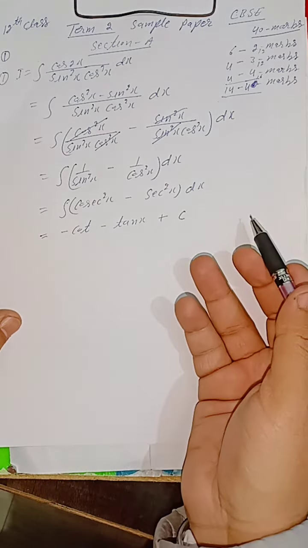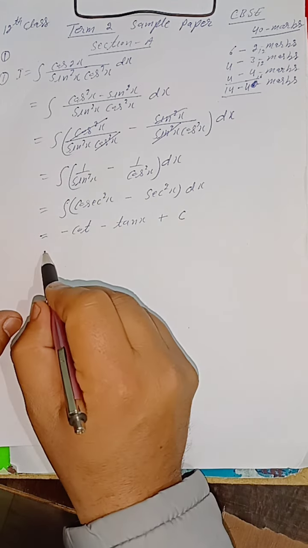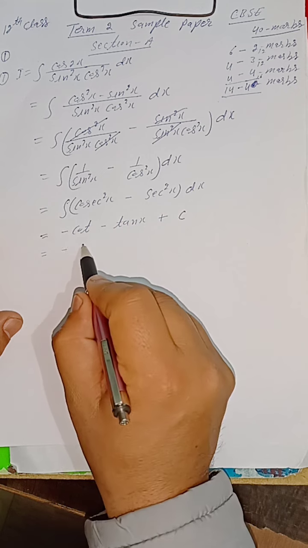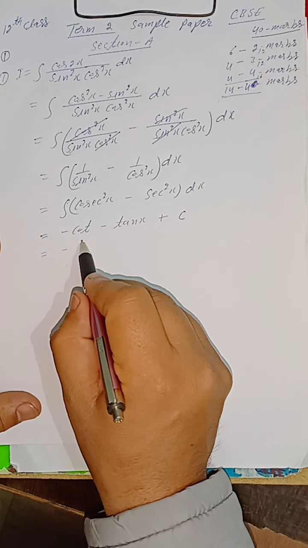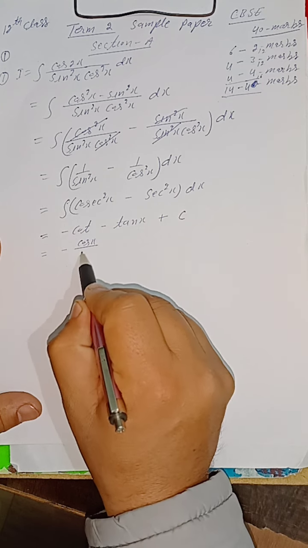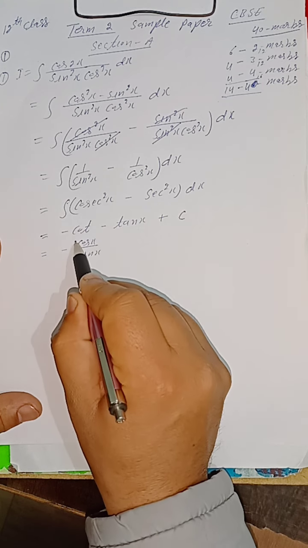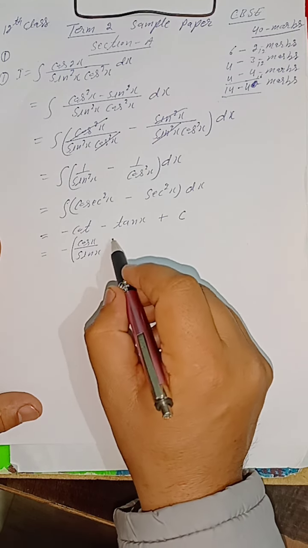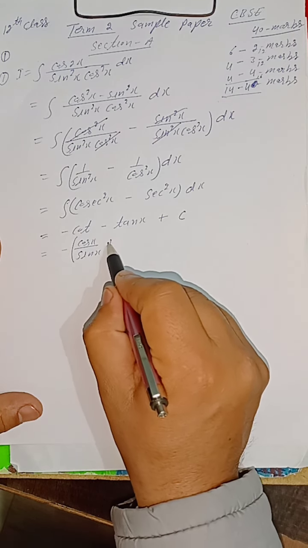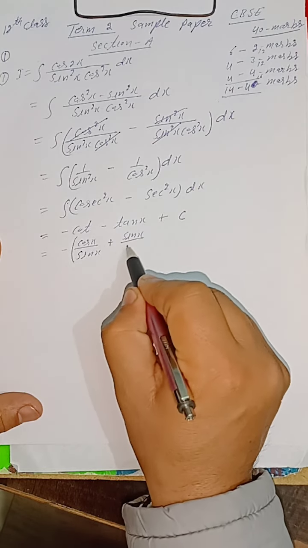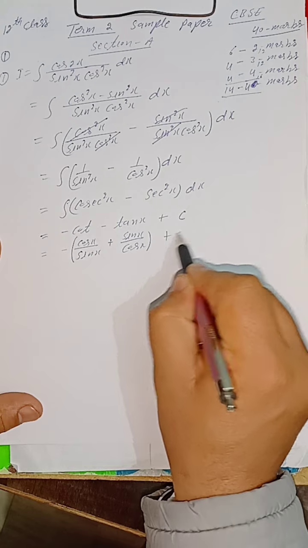It could be the answer, but if we want some more simplification, then we can write cot x as cos x upon sin x. We take negative sign out of the bracket, so we'll write positive here, sin x upon cos x.